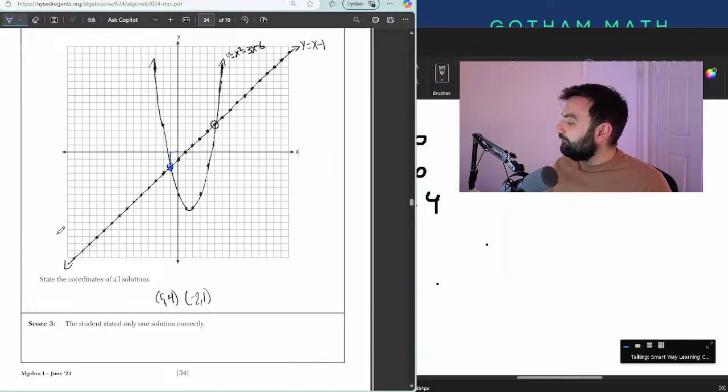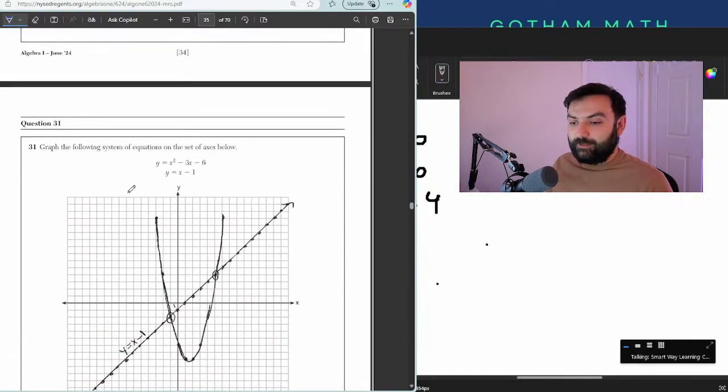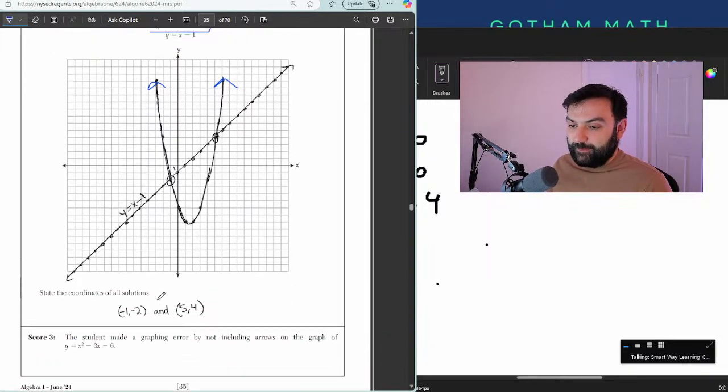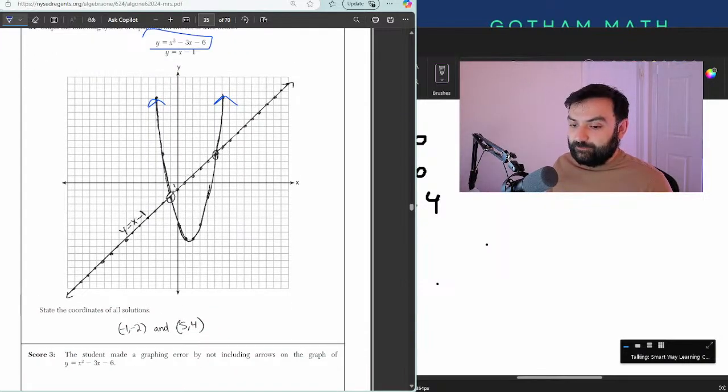All right. Next one. No arrows. No function name on top of the parabola. -1, -2.